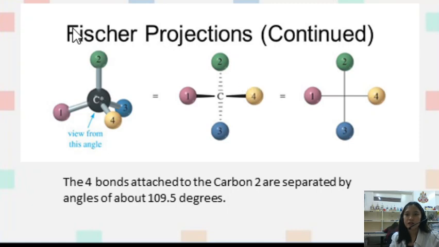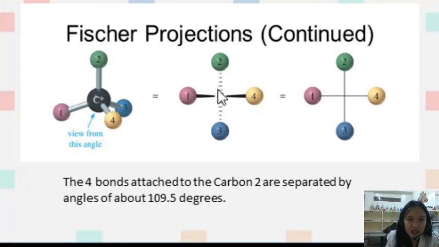Okay, so examples of Fischer projections. You have the chiral carbon atom at the center, and four different functional groups bonded to it. Next, this is the Fischer projection formula, wherein you are using a darker line to represent that it is projected to the front, and pwede rin ito, lines that are forming an arrow.